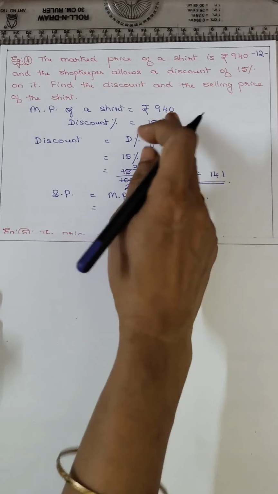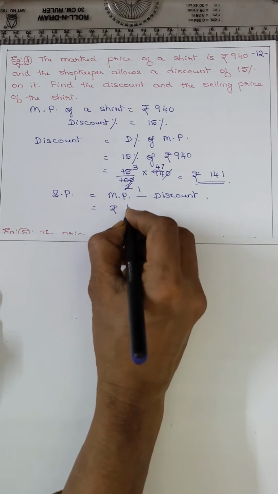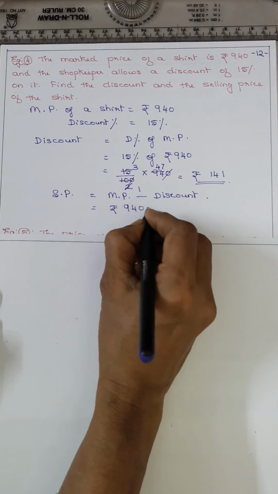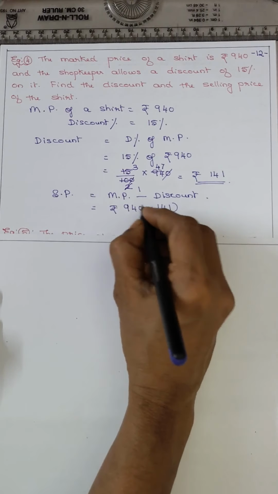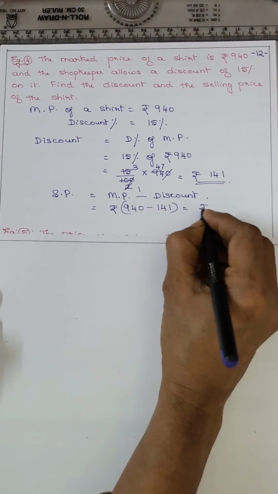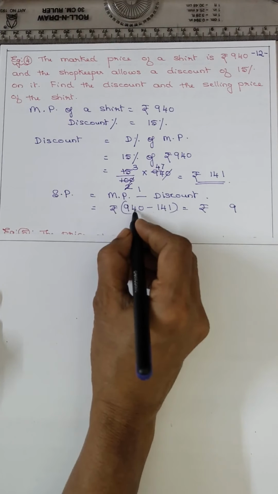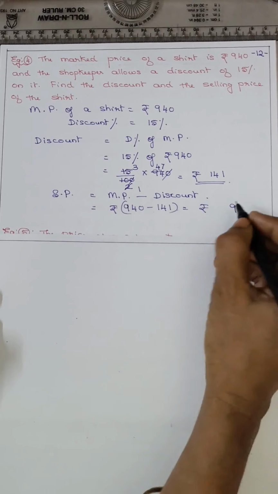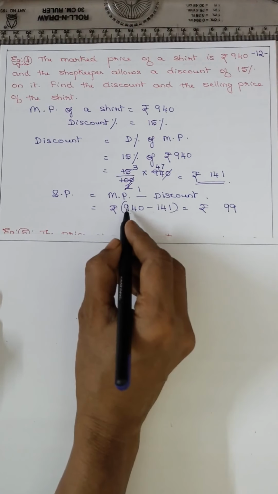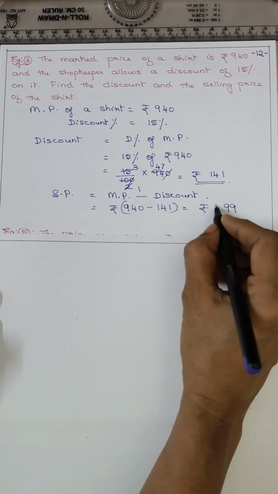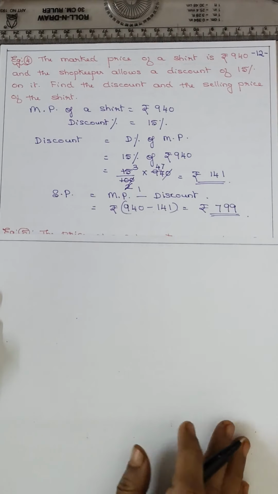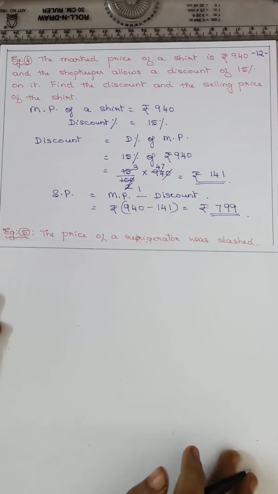What is MP? It is 940 minus 141 rupees. 10 minus 1 is 9. Now it is 3. 13 minus 4 is 9. Here it is 8 minus 1, that is 7. So you got the SP.